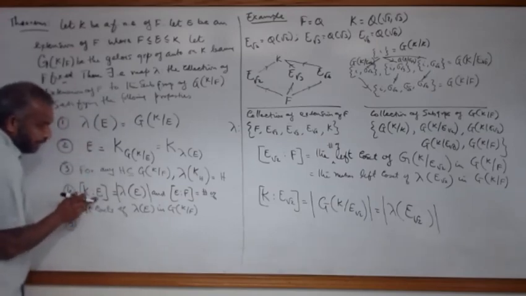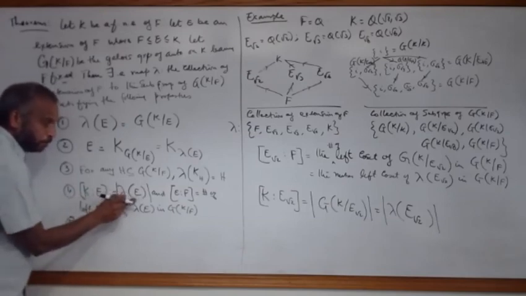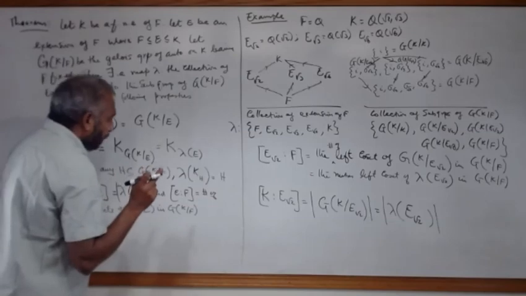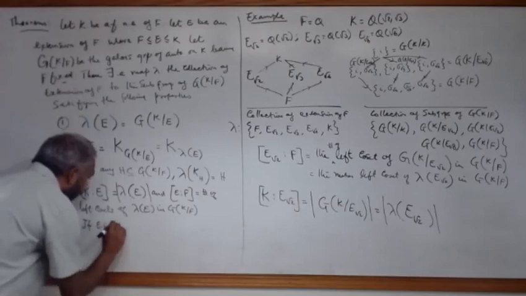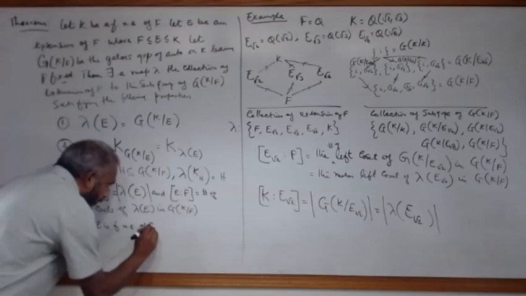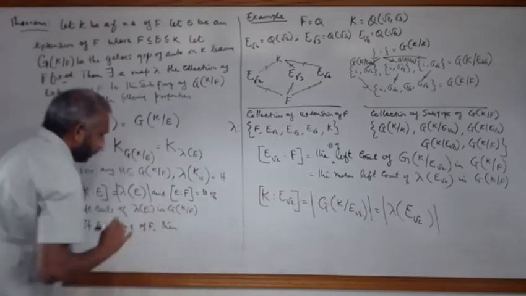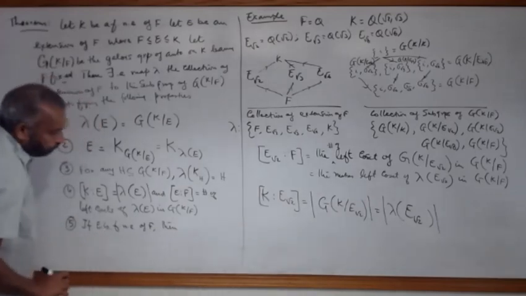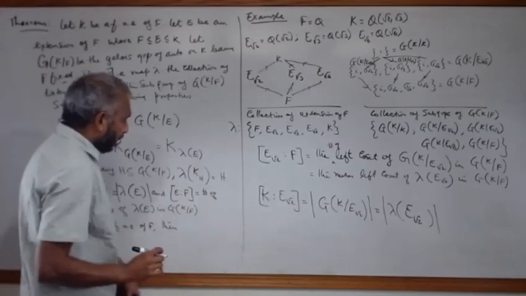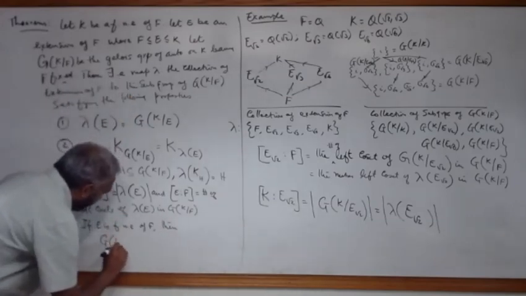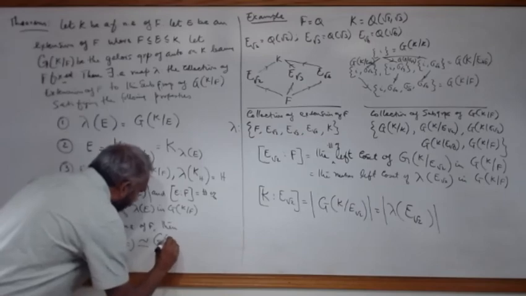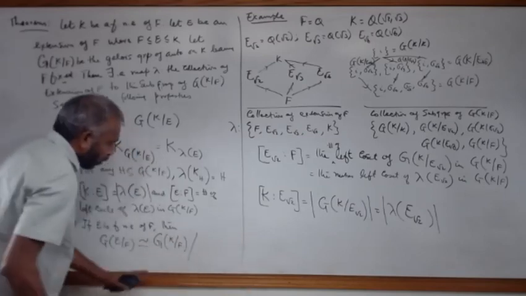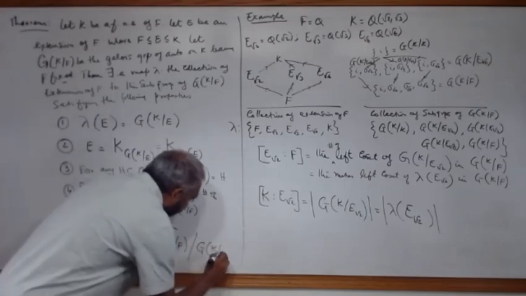Here we are assuming that E is not necessarily a finite normal extension of F. But if E is a finite normal extension of F, then G of E over F is isomorphic to the quotient group G of K over F modulo G of K over E.